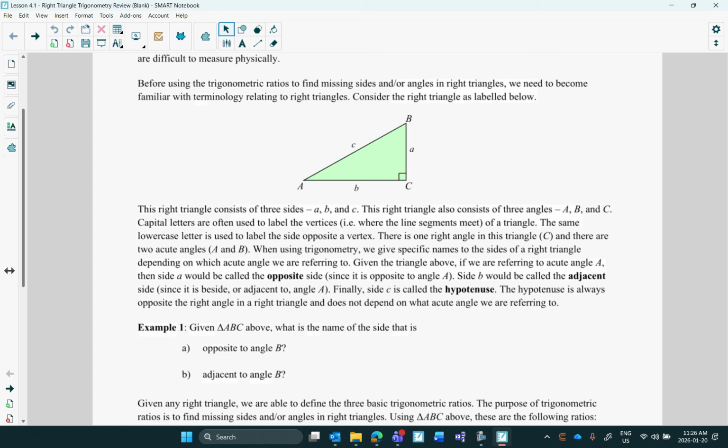So remember, when we label any polygon, but when we label a right triangle, we use capital letters to label where the vertices are, or there's also angles there as well. And we use lowercase letters for the three sides.